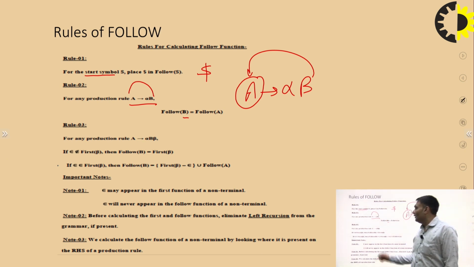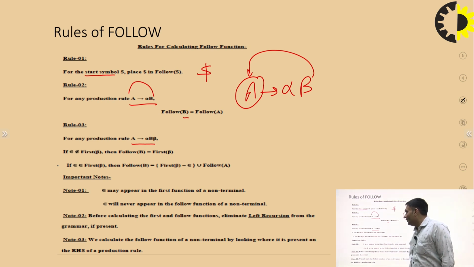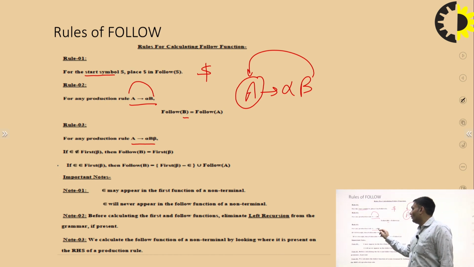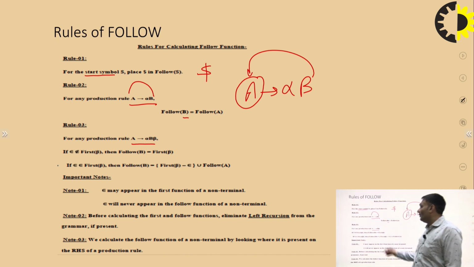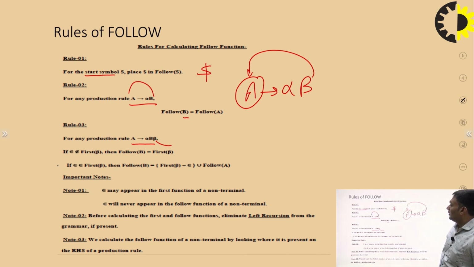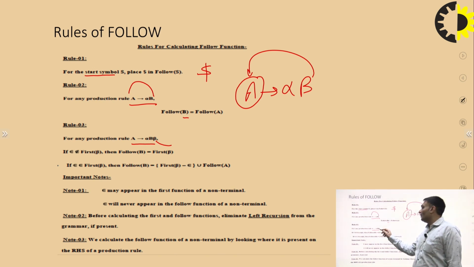Now, rule number 3: for any production rule A to alpha B beta, if we want to calculate the follow of B, then follow of B is beta. Here we can see. But if this beta is a non-terminal, then we will check what is the first of this beta.